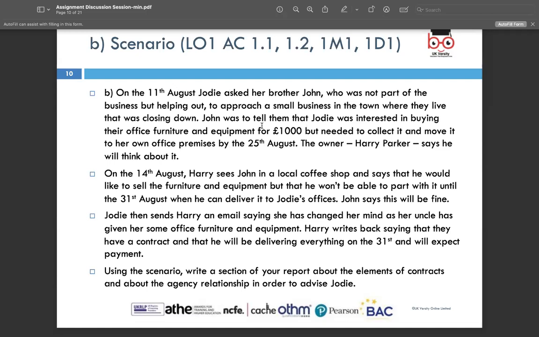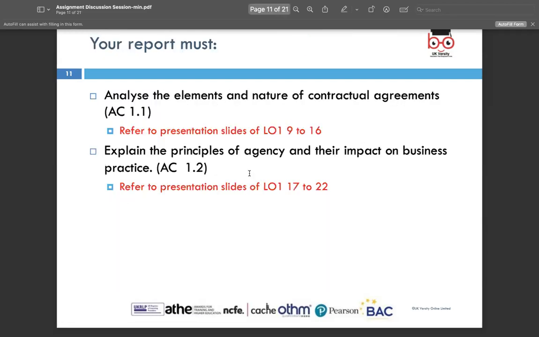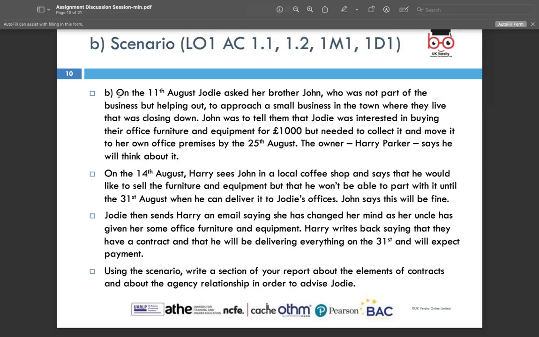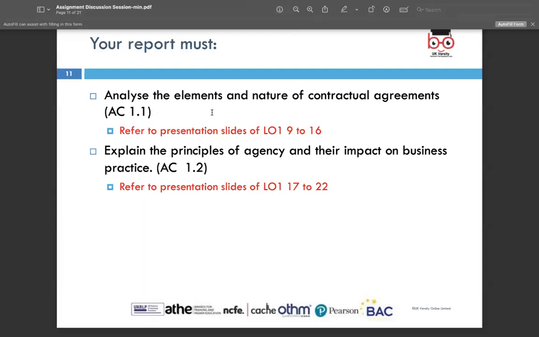Using this scenario, write a section of your report about the elements of contracts and agency relationships to advise. So basically, you will write your own observation and opinion, but the requirements of the report are to analyze the elements and nature of contractual agreements.